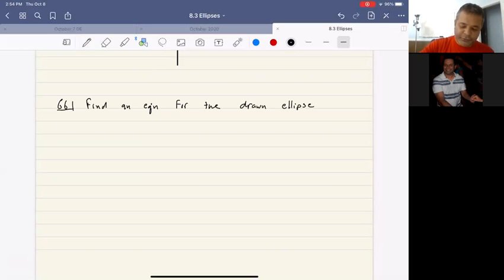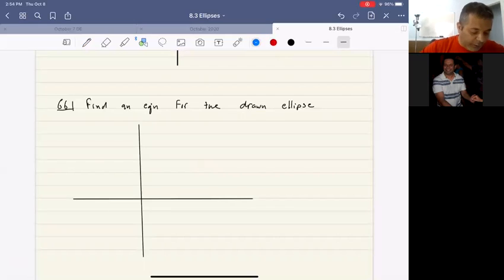Okay, so we have an ellipse here. We have a vertex over here at -3, 0. Okay, not really a vertex, it's actually just a point. And the reason it's not a vertex is because I have the focus up here at 0, 2. Okay, and that's really all they give us.